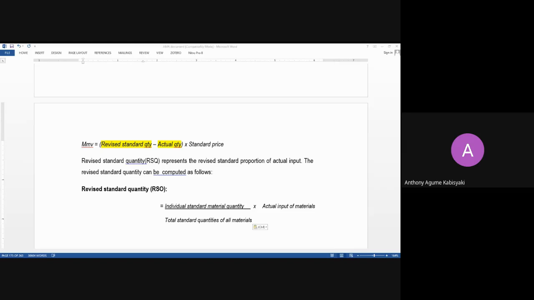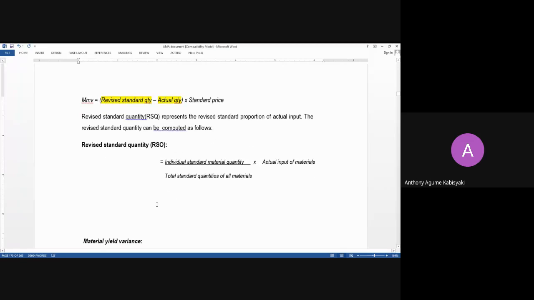So now I was saying, revised standard quantity is got by individual standard material quantity over total standard quantity of all materials times actual input of all materials.